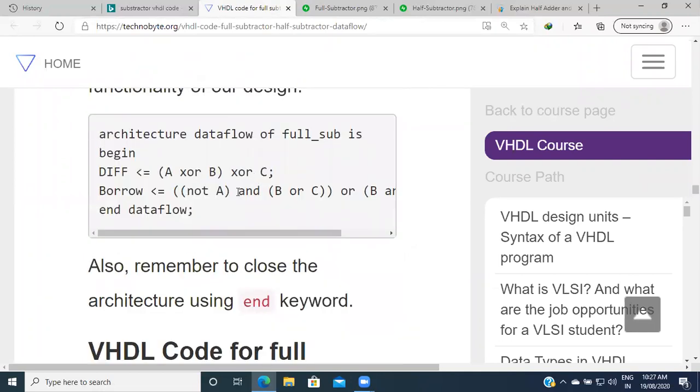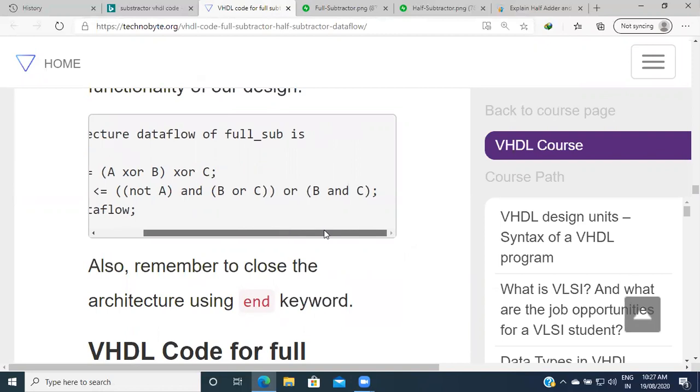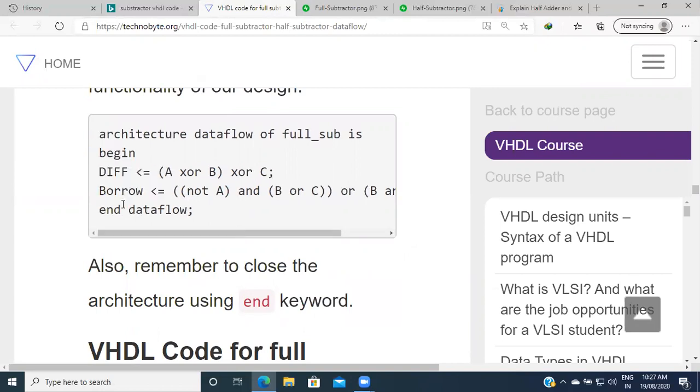So not A and B or C, or B and C. So that is the end of this data flow.